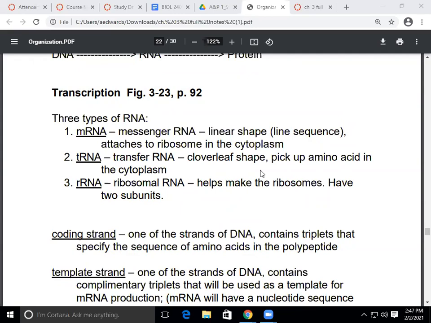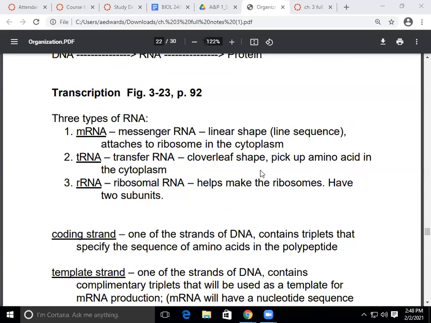Your transfer RNA looks kind of like a clover, and it actually picks up amino acids in your cytoplasm. Your ribosomal RNA makes up your ribosomes. It's got that heavy subunit and the light subunit. You need all 3 to make your proteins.